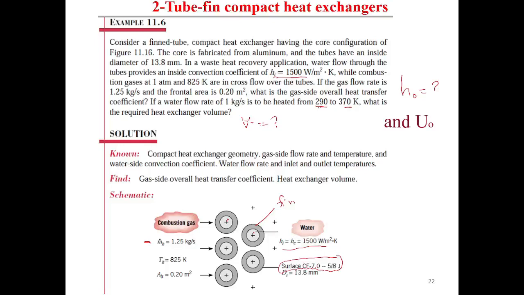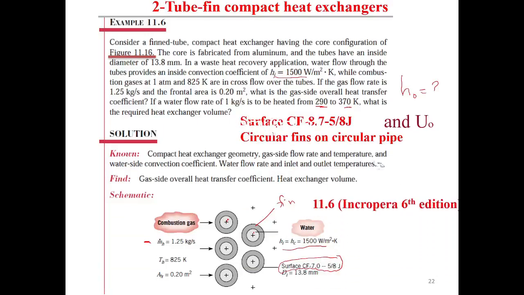So when we go back to this solved example in Incropera 6th edition, you find the solution explained fully, step by step, in order to get the heat transfer coefficient H0 and the volume of this heat exchanger to fulfill the need, which is heating the water from 290 Kelvin to 370 Kelvin. This is just to indicate that this is the surface that we are talking about, Incropera 6th edition example 11.6.